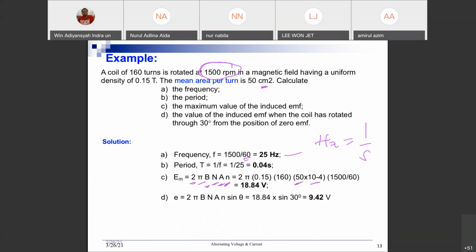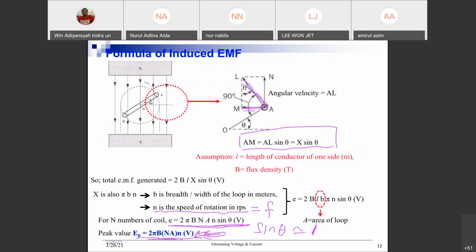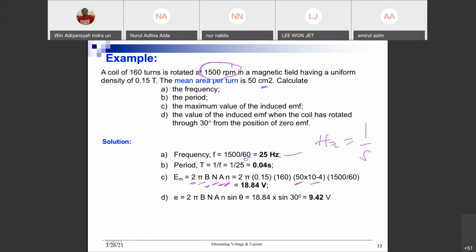Part D, the value of induced EMF when the coil has rotated through 30 degrees from the position of 0 EMF. So small e, use the formula, this one. Basically, this one is equal to this one.